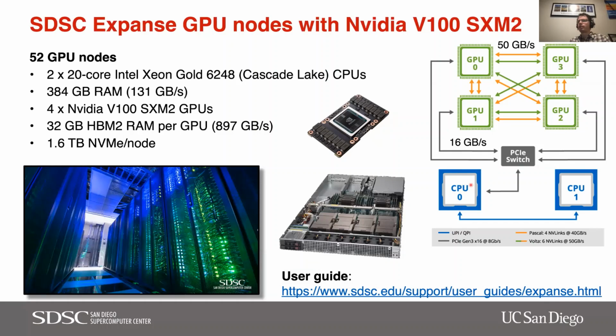There's CPU 0 and CPU 1, and two GPUs that are effectively closer to CPU 0 than to CPU 1, and the memory bandwidth on the PCI switches is of course slower than the communication you can have between the GPUs. There's some information here in the user guide. If you want to know more, please take a look there and/or ask questions.